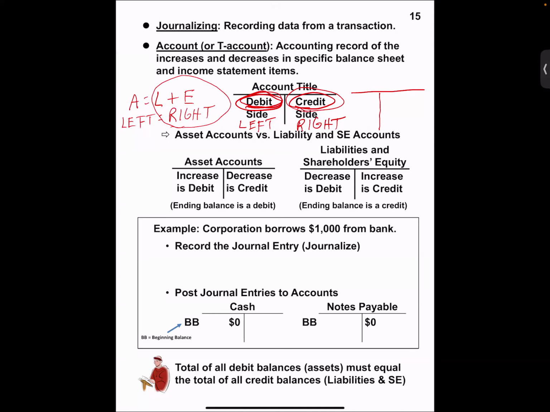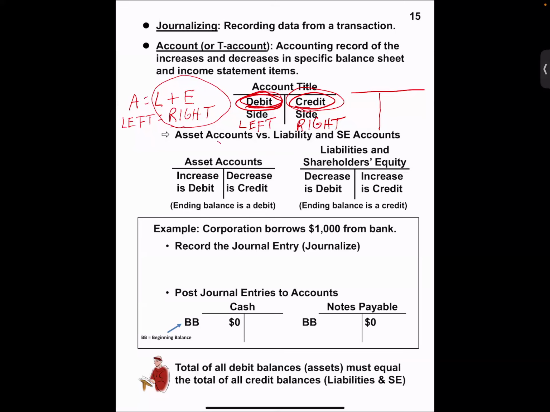To reiterate: the normal balance for an asset is a debit balance, and for a liability or equity account it is a credit balance. Once we understand the normal balance, it helps us remember how to affect these accounts. We increase accounts using their normal balance side.